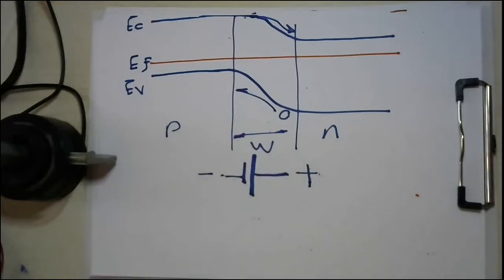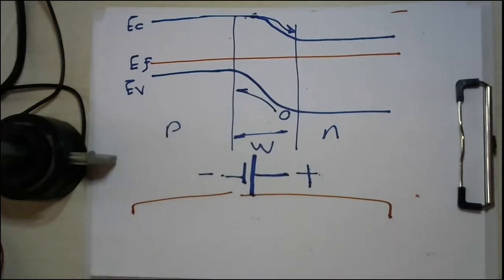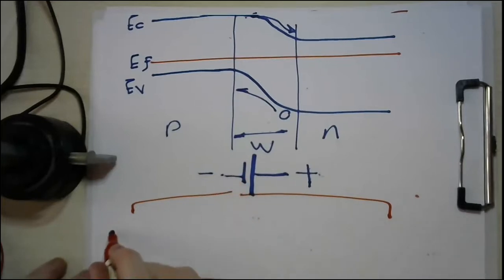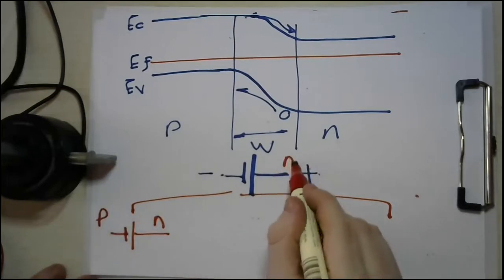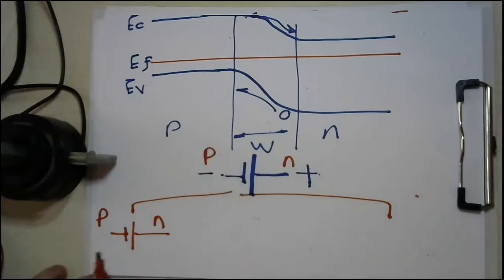So basically, here you have two possibilities. Either you are going to connect a battery with the same polarity of the built-in potential. So you are adding a battery in this direction. This is the N side, this is the P side, as I did here. I'm connecting the N with a positive and the P with a negative, and then you are adding to this.